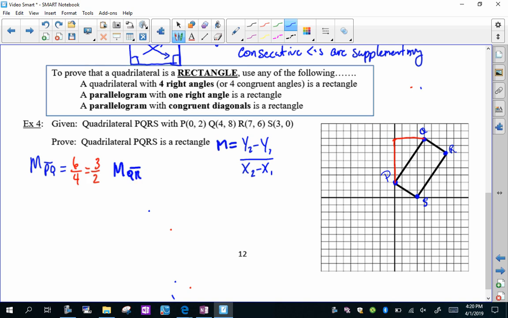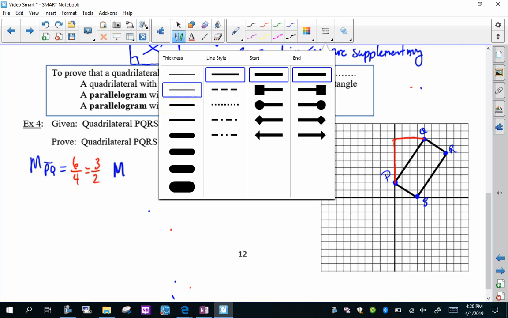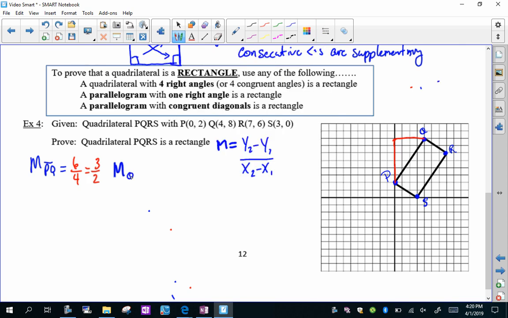I don't like that, that's a little too thick. Messy. All right, so QR, that's better. I'm going to count. Rise, run. That's going to be 2, and then I'm running negative 3. So that's 2 over negative 3, looking good for 90-degree angles.